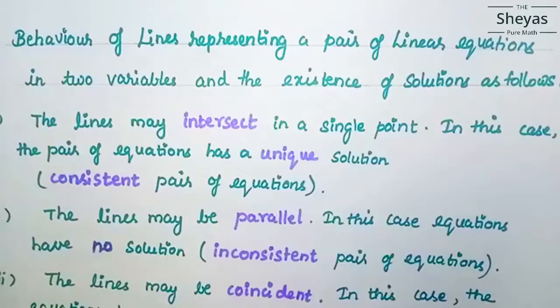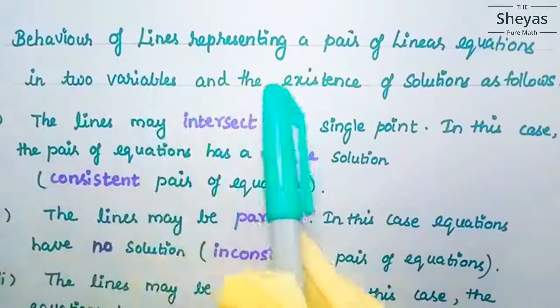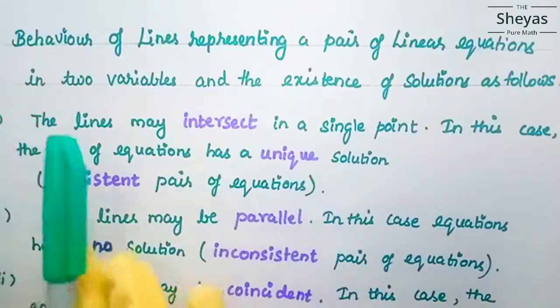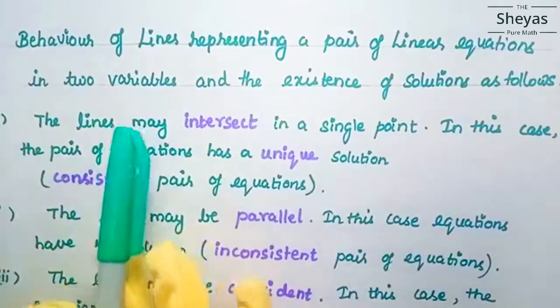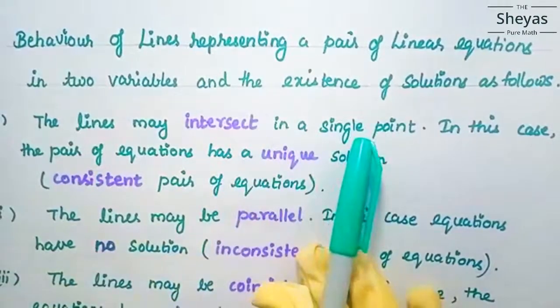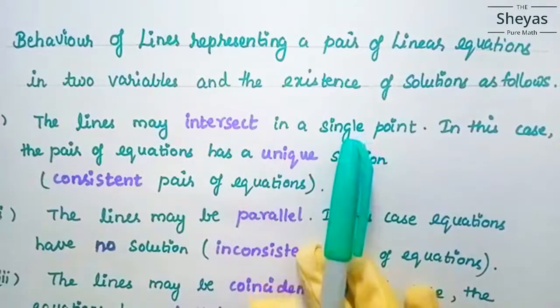We have to understand some more points, that is, the behavior of lines representing a pair of linear equations in 2 variables and the existence of solution as follows. So 3 points you have to keep in mind. First one, the lines may intersect in a single point, as we got in our problem.